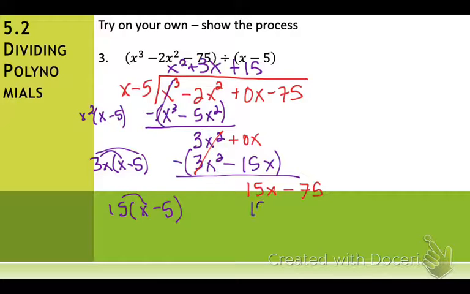That's going to be 15x minus 75. Nice. No remainder again. Subtract, cancel, cancel, so no remainder. So again, that means that x minus 5 is a factor of x cubed minus 2x squared minus 75 because it goes in evenly.